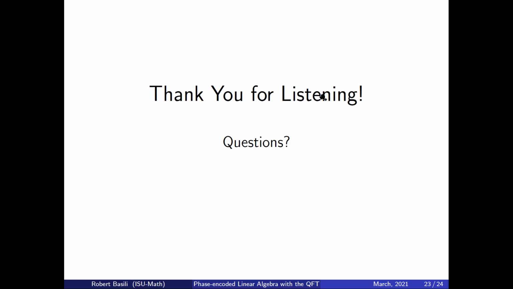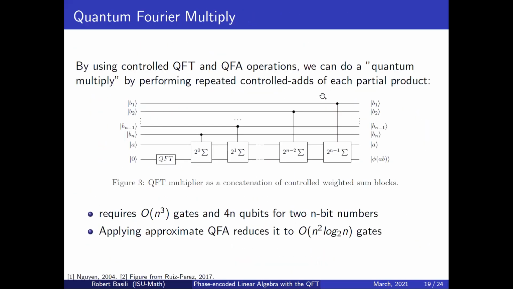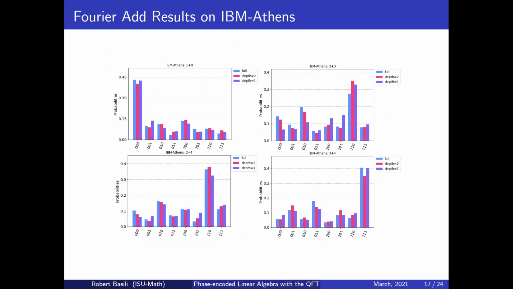Actually, I didn't quite show you, but I forgot to mention it. On these runs, I wanted to point out that you notice here that the scaling is different on this one in particular. I included this one, 0 + 0, in part because it highlights the fact that on a real quantum computer, especially superconducting qubits, you tend to have a bias towards the 0 state because that's the rest state.